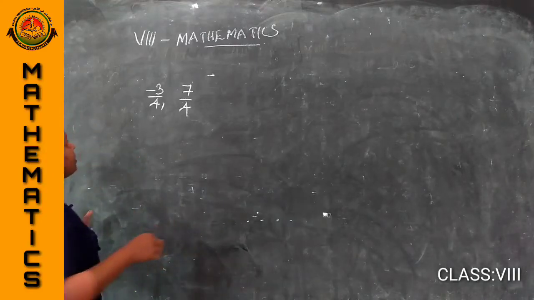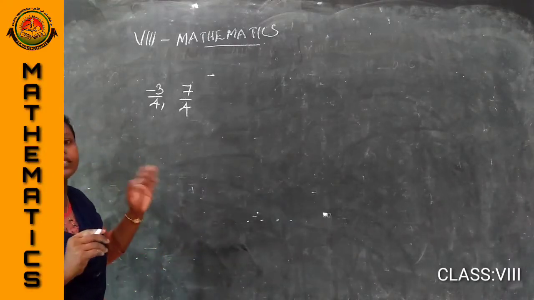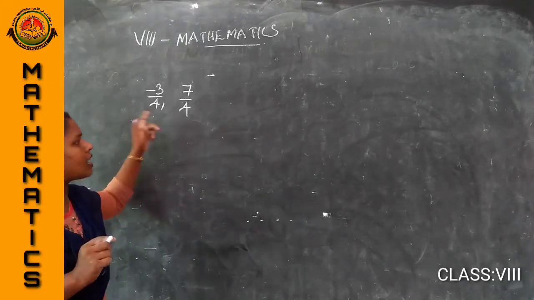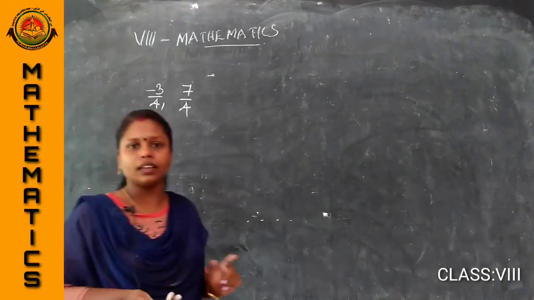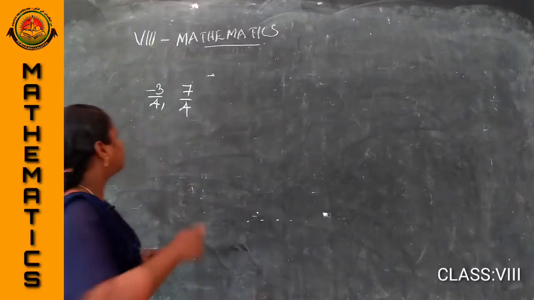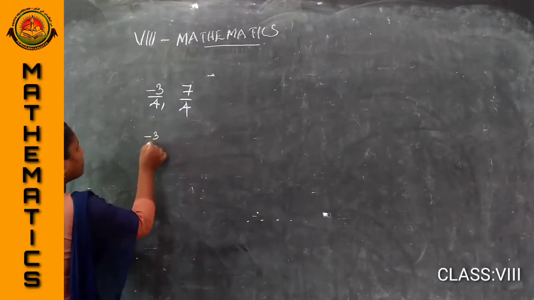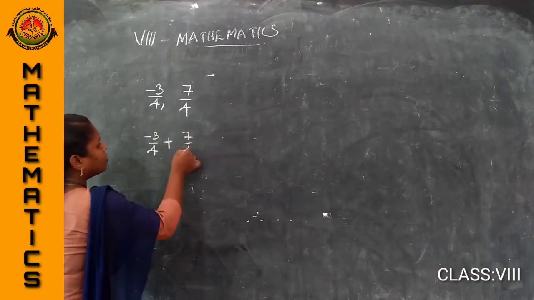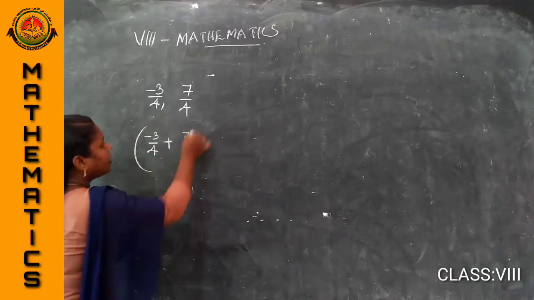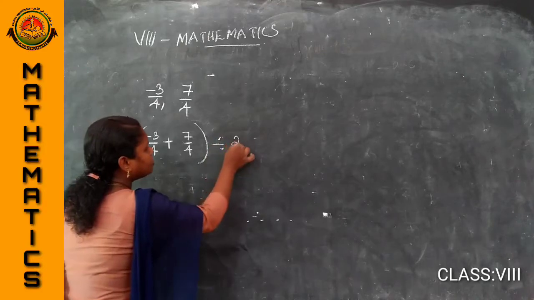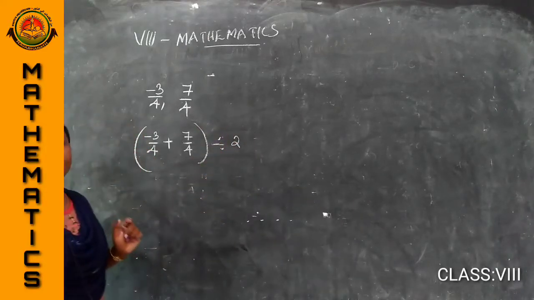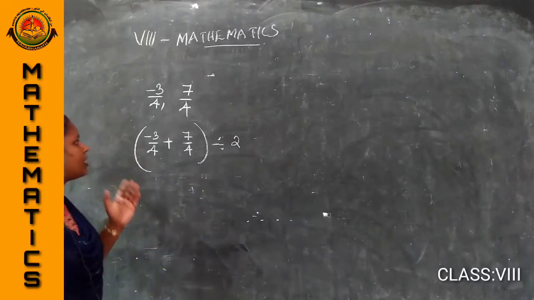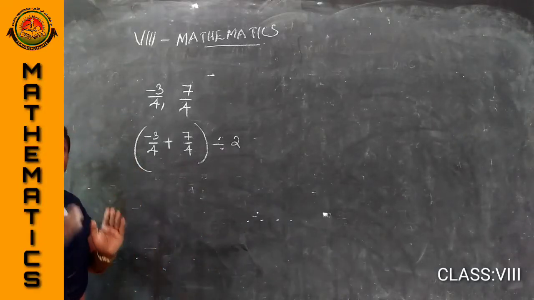That is, we add the two rational numbers and divide by 2. Dividing by 2 means we are finding the average, and the average gives a rational number in between them.